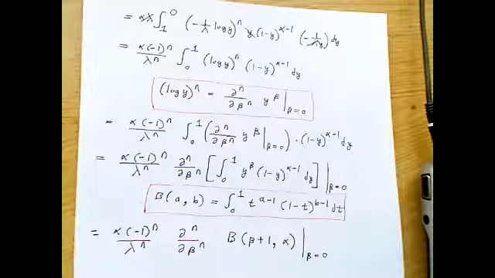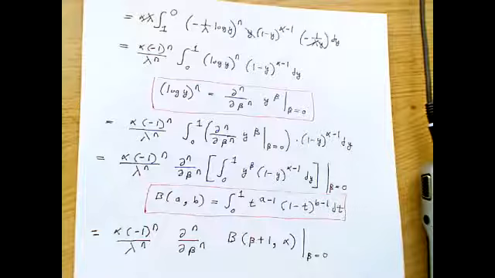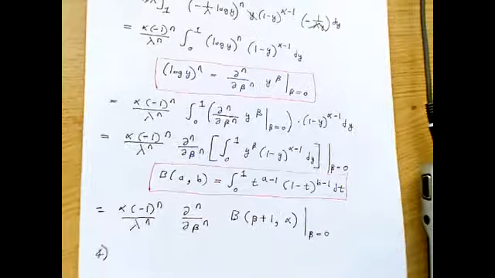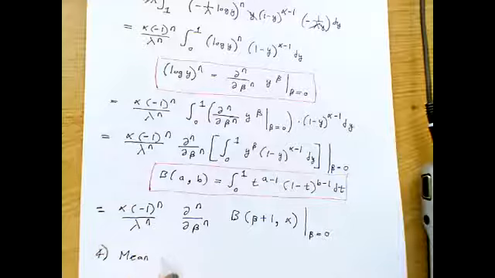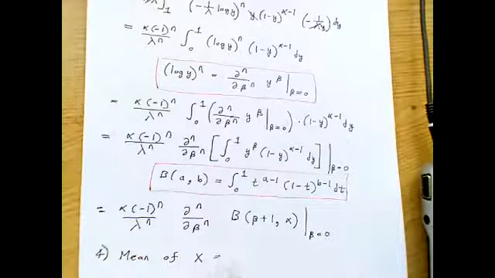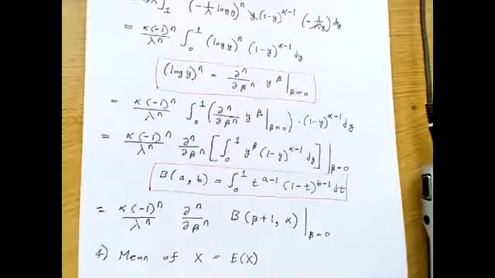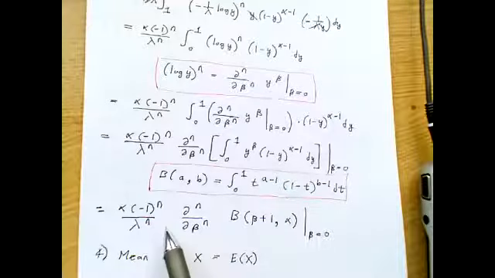So this is the answer I expected you to get. Now part 4. Part 4 is to find the mean, the mean of x, which is basically the expected value of x. The expectation of x is what you get here if you put n equal to 1.